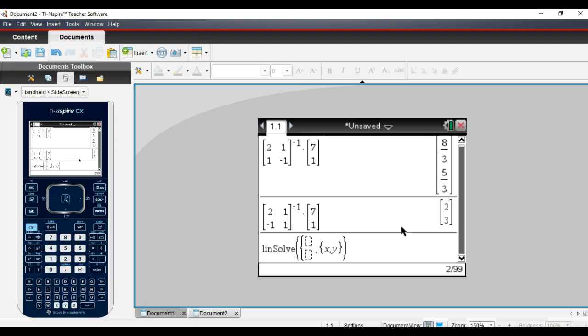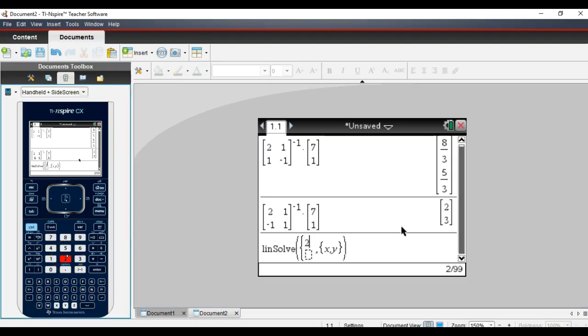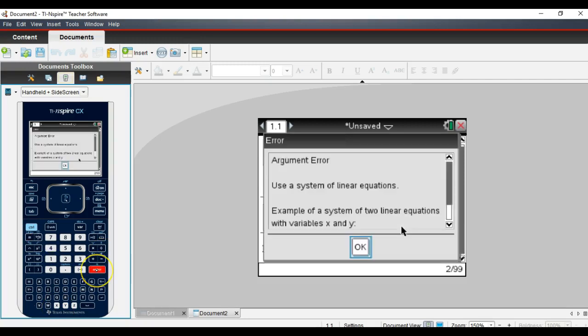So 2x plus y, and then the other one was y minus x equals 1. Solve these equations for x and y. And what did I do wrong?